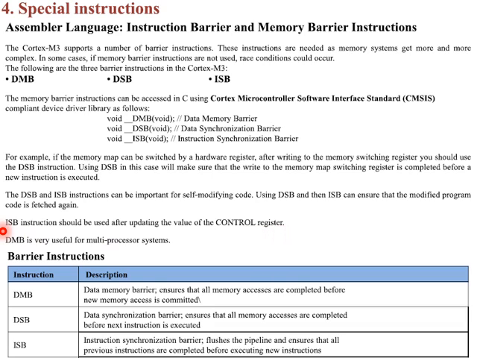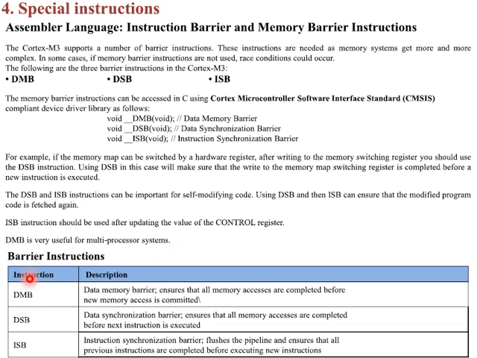Only for the ISB instruction, it should be used after updating the value of the control register. In the control register, mainly we can have control over the stack pointer and also switching from the privilege level to the user privilege level.